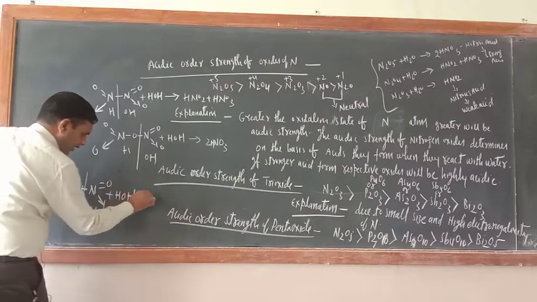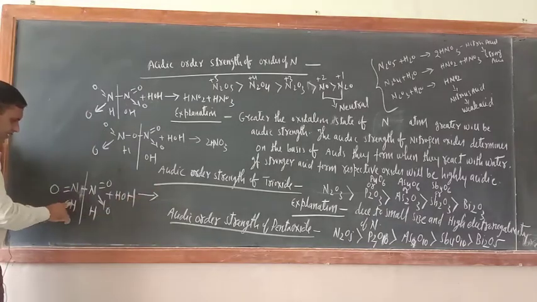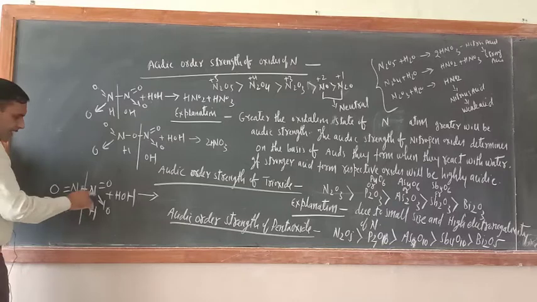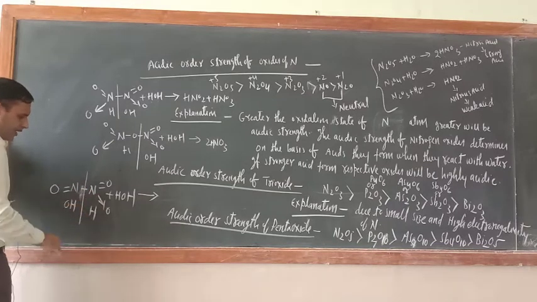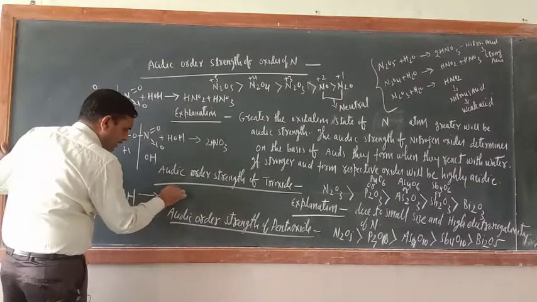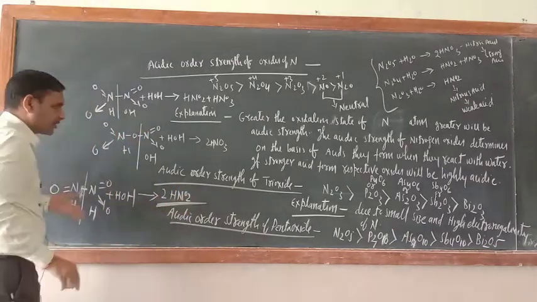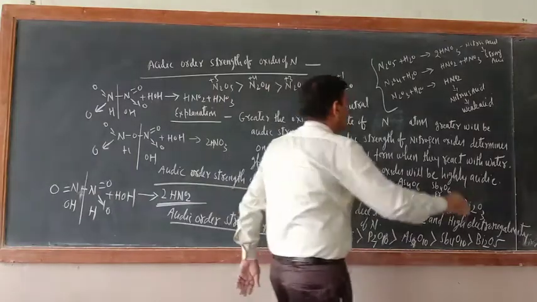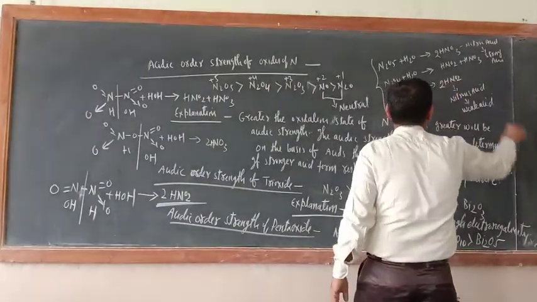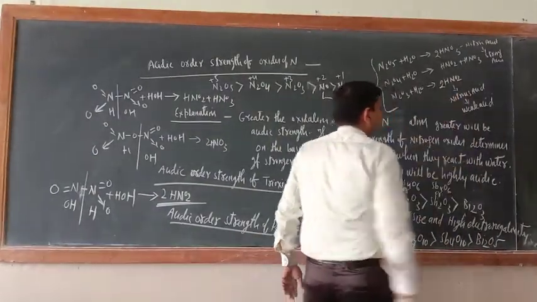So what is the product here? Just see, OHNO2, HNO2, correct or not? So two molecules of HNO2, that is nitrous acid. In this way also you can remember. Here you can write 2. So everything is balanced.